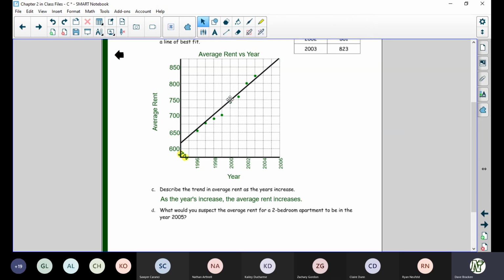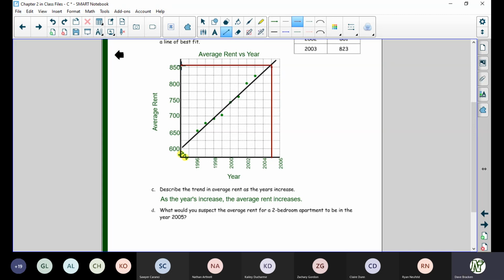Like I can play around with this on my smartboard. You guys, once you draw your line with your ruler, you're pretty much got it. So just move your ruler around until you get what you feel is a really good line of best fit. Do you see how my line there is a really good line of best fit? It says for 2005, so I'm going to go up from 2005 right till I hit my line.